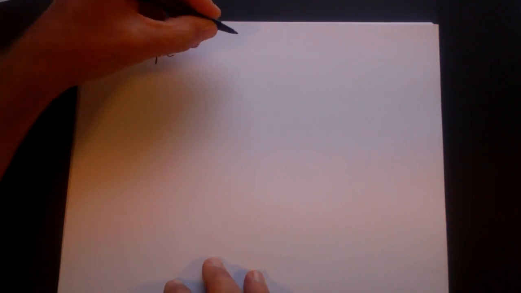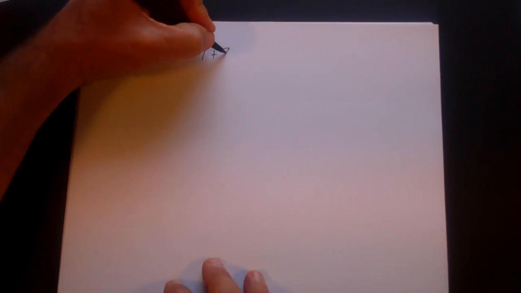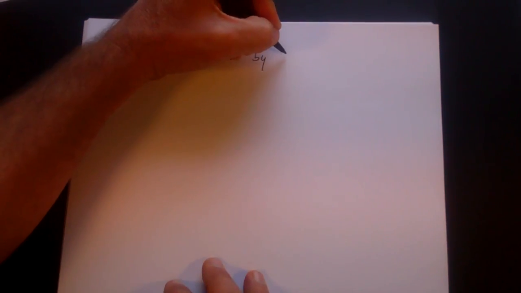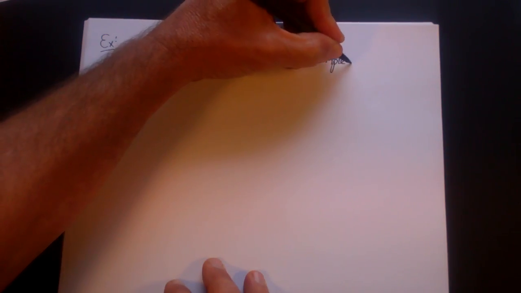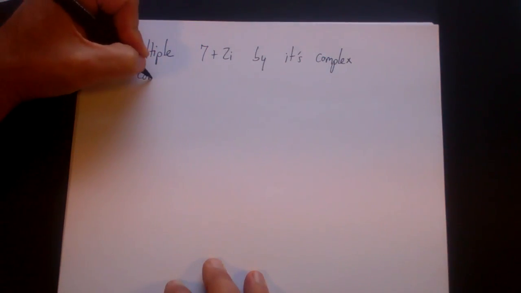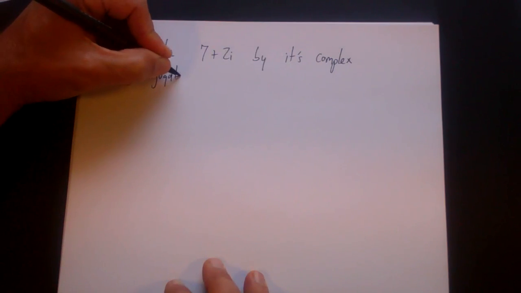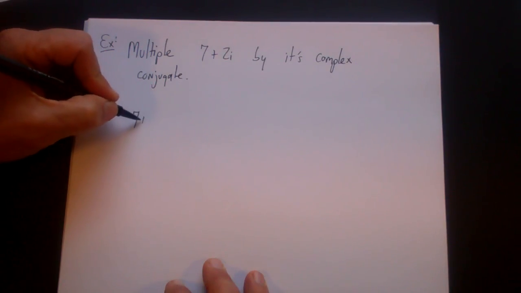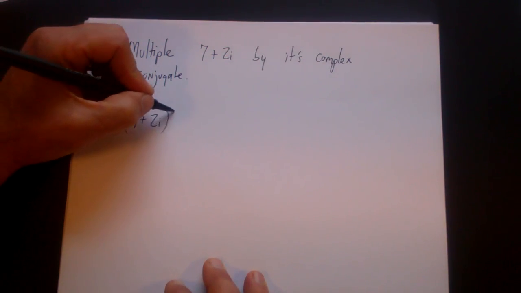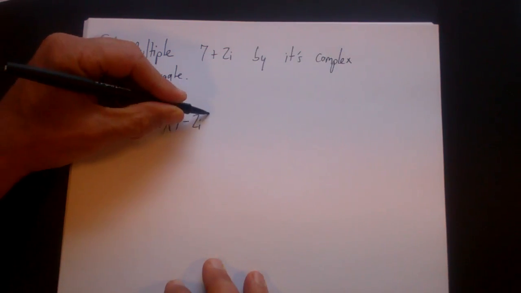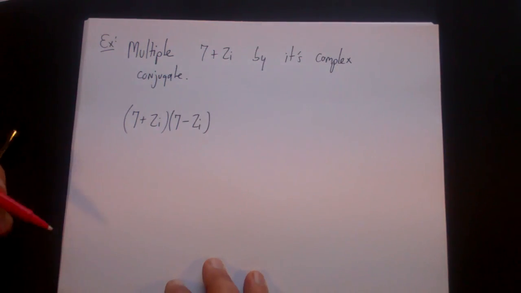Let's do another example. So we want to multiply 7 plus 2i by its complex conjugate. So you have 7 plus 2i. The complex conjugate will be 7 minus 2i. And then what you're going to do is you're going to FOIL it.